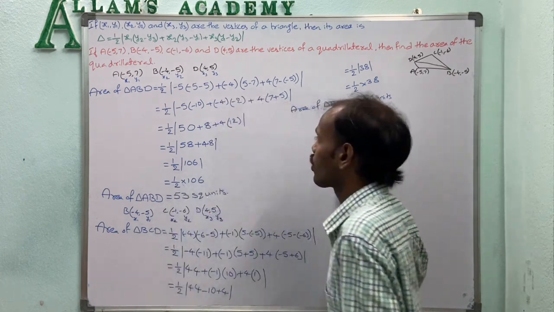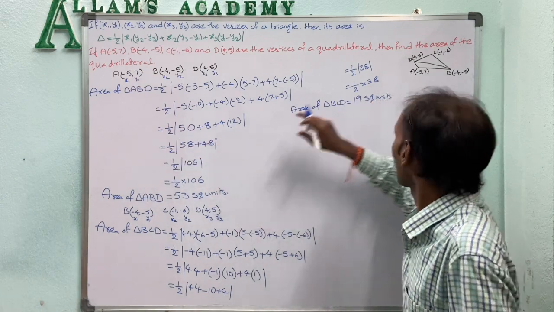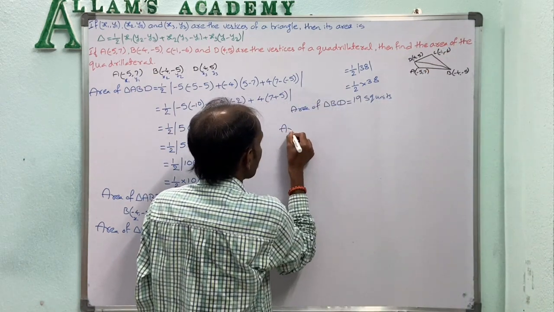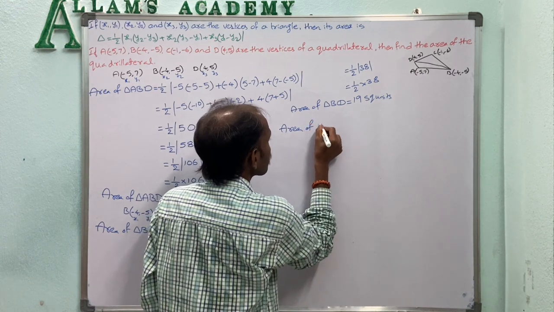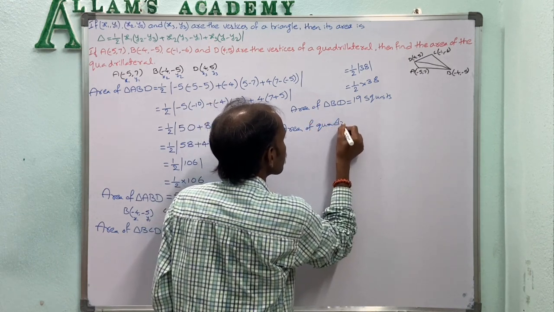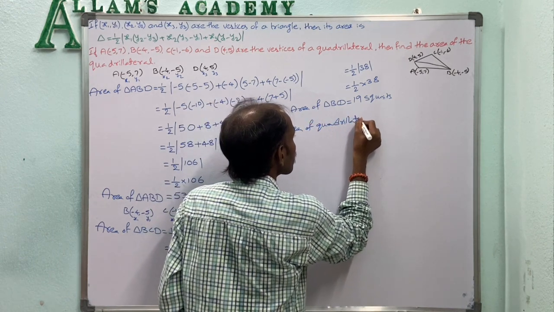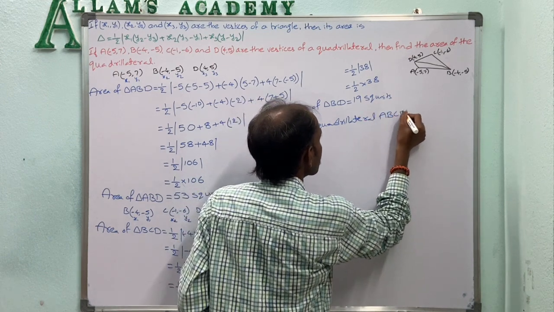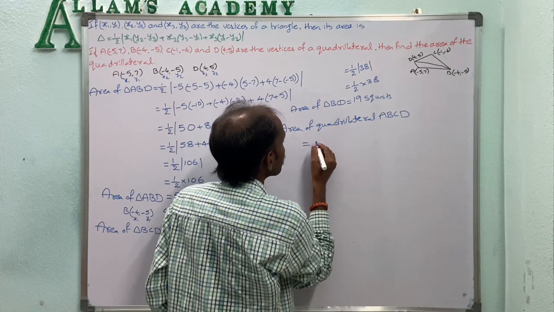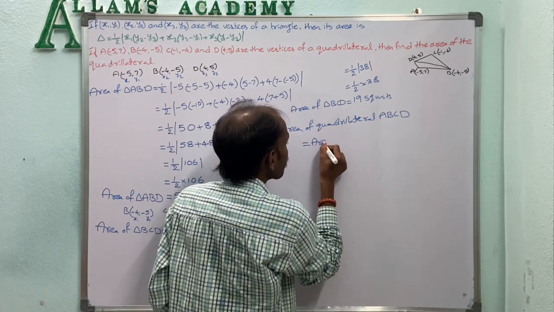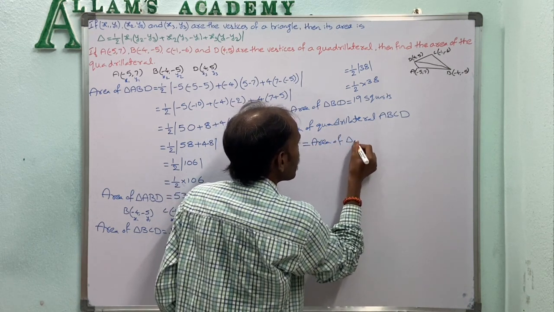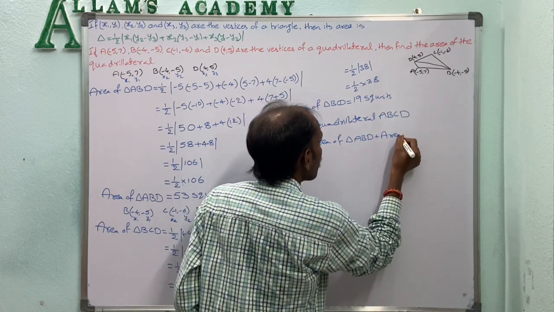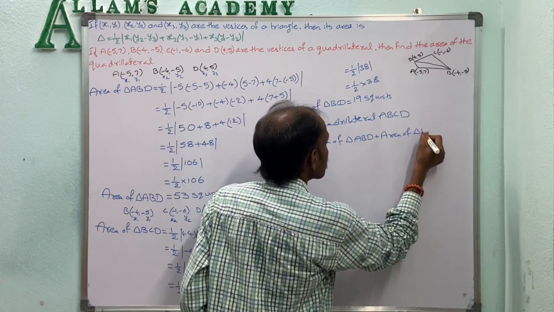But here we want to find the area of the quadrilateral. So the area of quadrilateral ABCD is equal to the area of triangle ABD plus the area of triangle BCD.